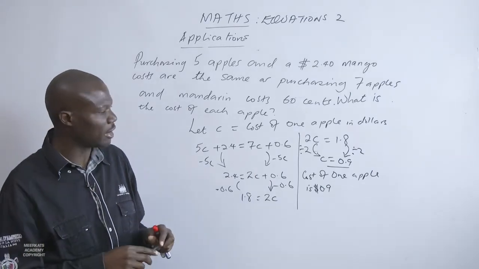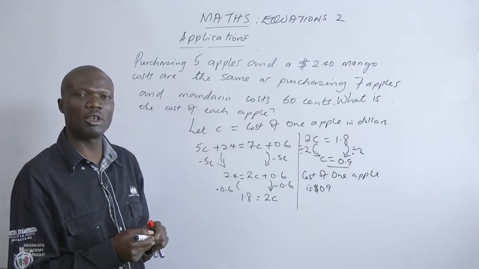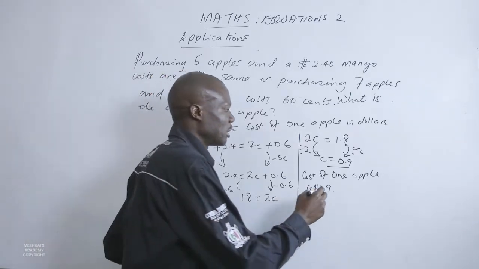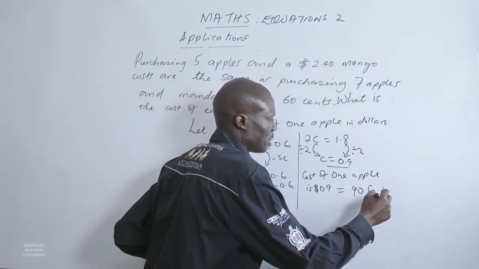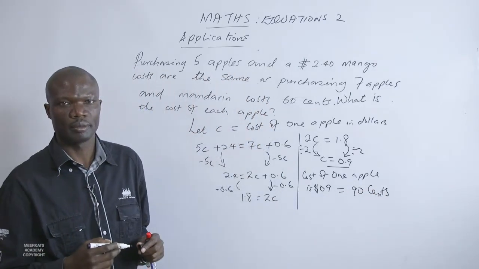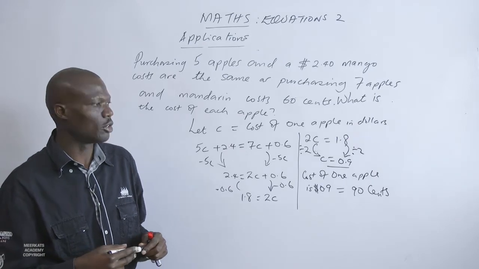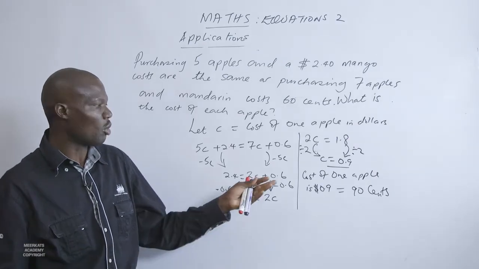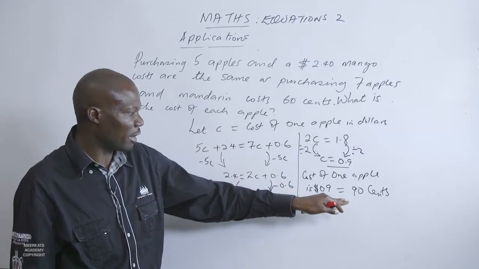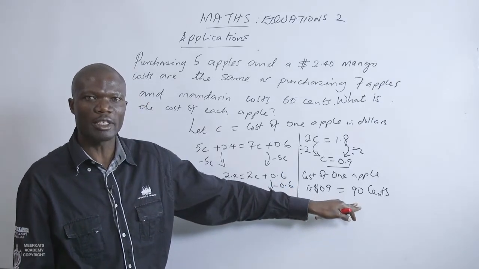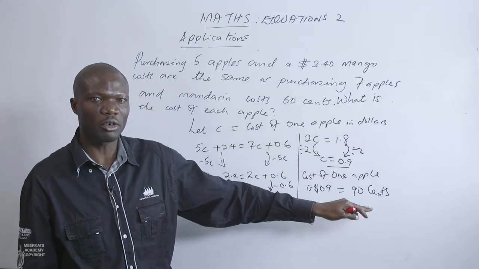If it is in dollars, write dollars. If it is in cents, you can still convert it. $0.9 is the same as 90 cents. So you should be able to know when to write the values that we require here. We are not just looking for any c.